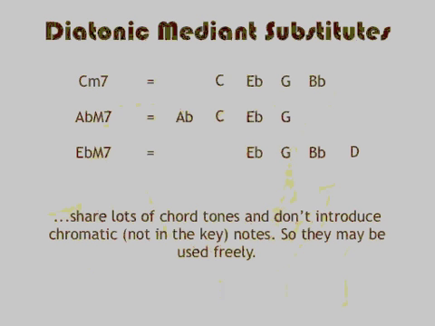So let's first look at diatonic mediants, and this is how they work. They work basically on the same principle, that the common tones between the chords are prevalent enough that we hear them as very similar sounds.